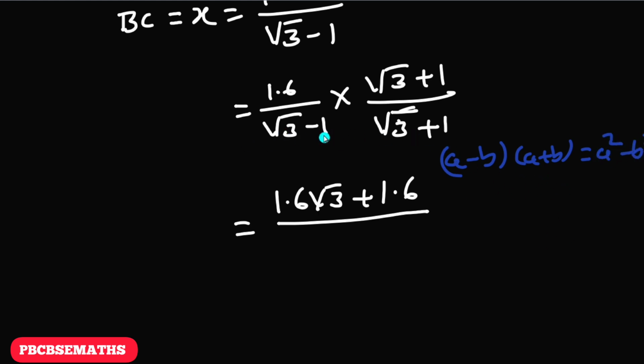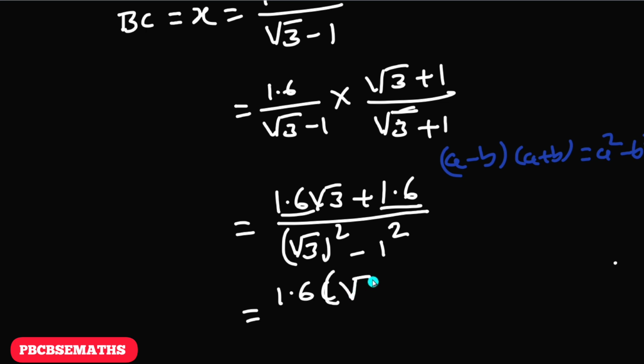So let's write this with respect to this algebraic identity. Then we can write the denominator as root 3 whole square minus 1 square. We can factor out 1.6 from these two terms. So 1.6 into bracket root 3 plus 1, whole divided by, here the square and root get cancelled. Then we are left with 3 only, minus the value of 1 square, which is 1.